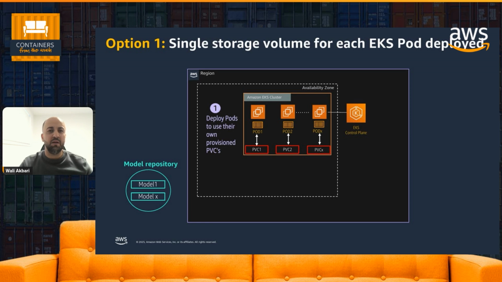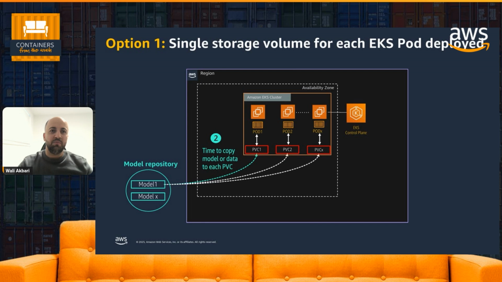So each pod spins up, and this could have a large container image with a model embedded in there as well, which you want to try to move away from and have a decoupled architecture, obviously for performance and scale. But let's say they deploy a pod, each one gets its own PVC. The next step is, a model is copied from somewhere, a model repository. That time to copy the model data into each PVC can take time, okay?